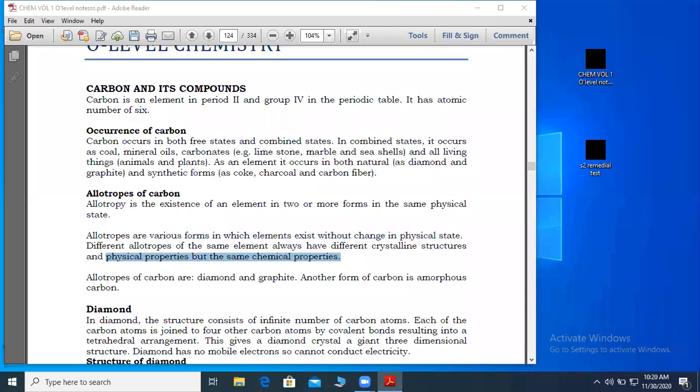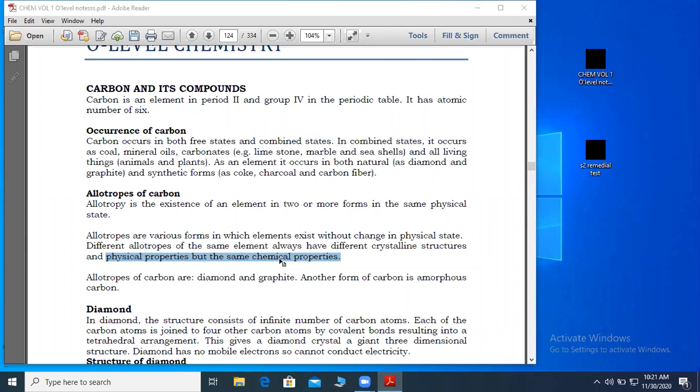Who can tell me why they have similar chemical properties? Why do various allotropes have similar chemical properties, despite having different crystalline structures and physical properties?